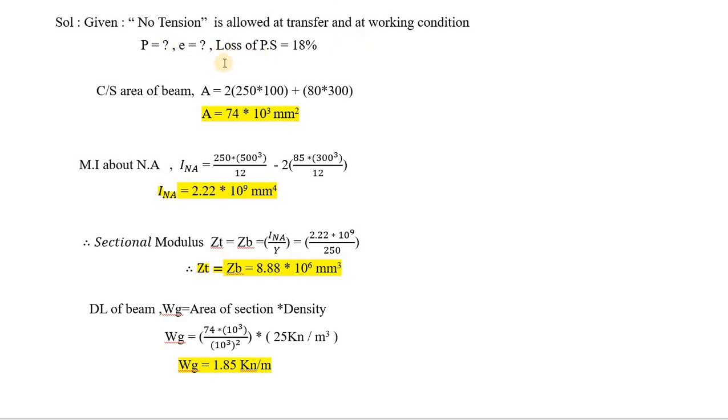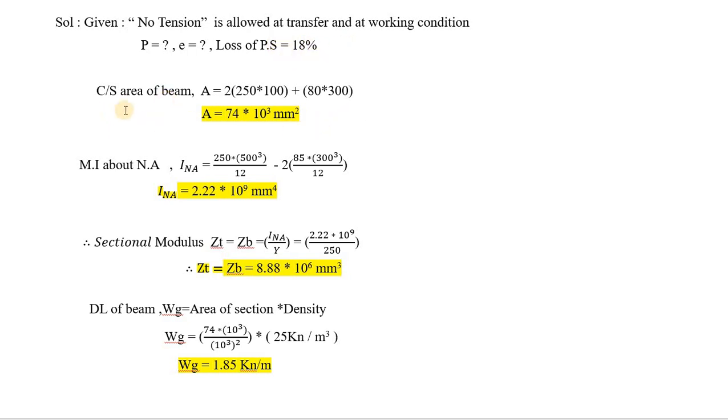Now we will go to the remaining data. They have asked to find out the pre-stressing force P, the eccentricity, and the loss of pre-stress is 18%. While finding out these things, we should consider this 18% loss.